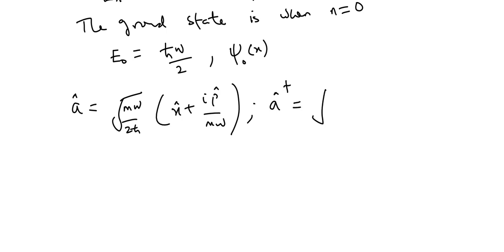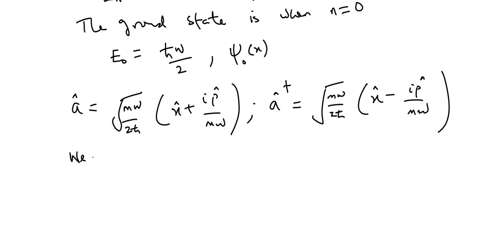We define that as square root of m omega over 2 h bar into bracket x minus ip over m omega. We have defined this in our previous classes, and also in the last class we showed that the commutator of a and a dagger equals 1.